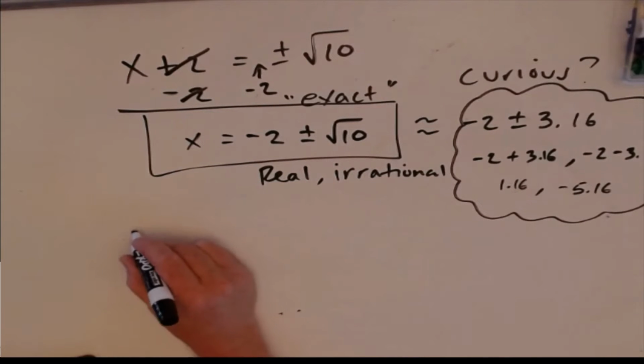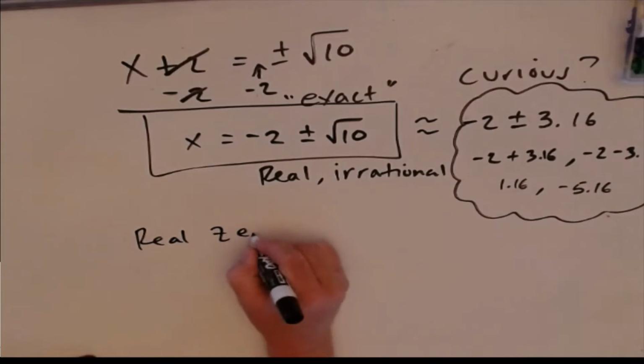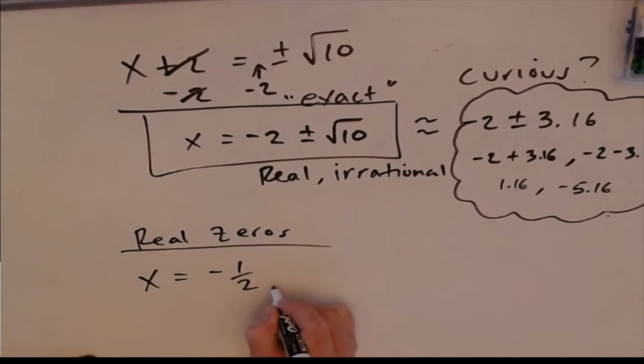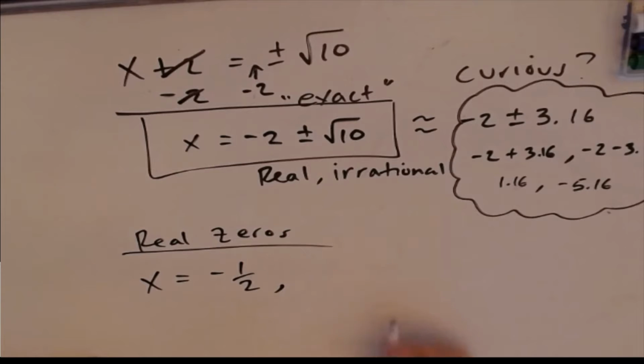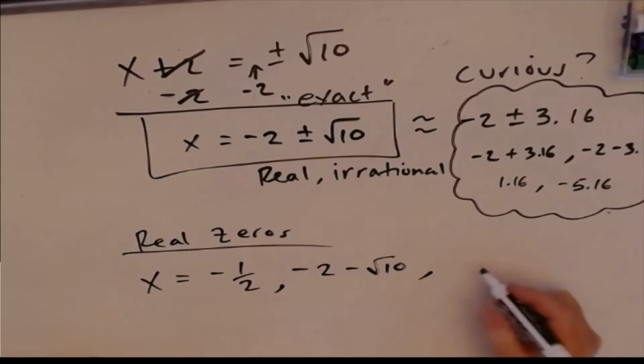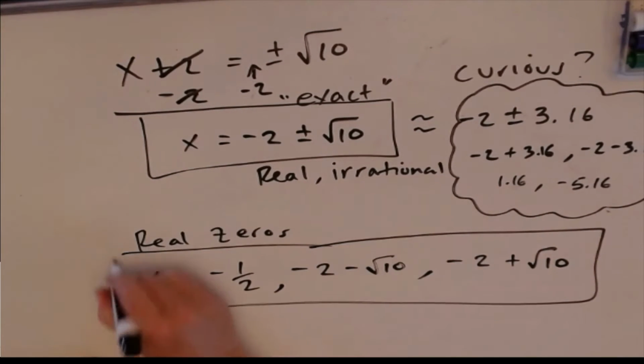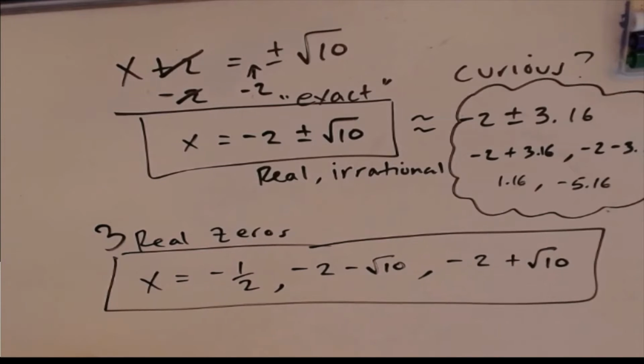Okay, so what are the real zeros? The real zeros, remember, we already had one, which was -0.5. We also have -2 minus the square root of 10. And then -2 plus the square root of 10. So altogether, you have 3 real zeros.